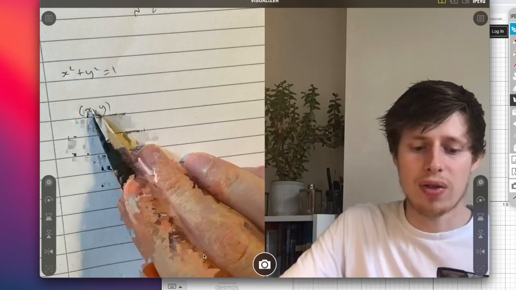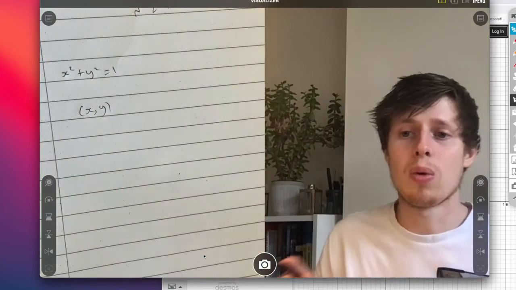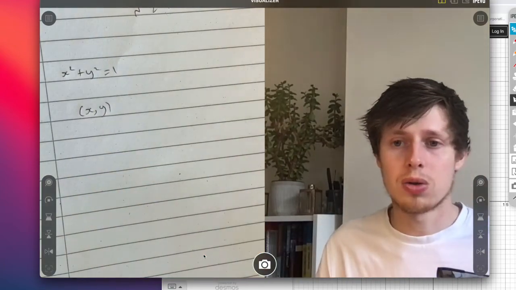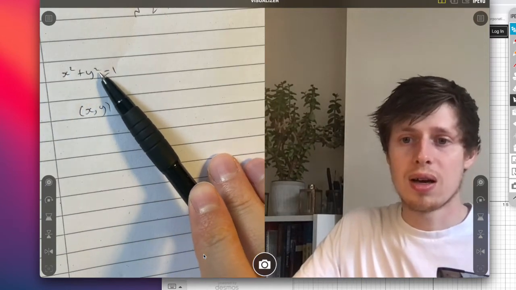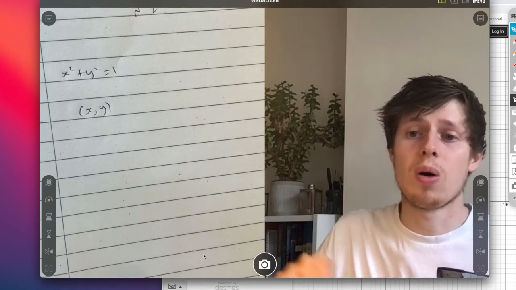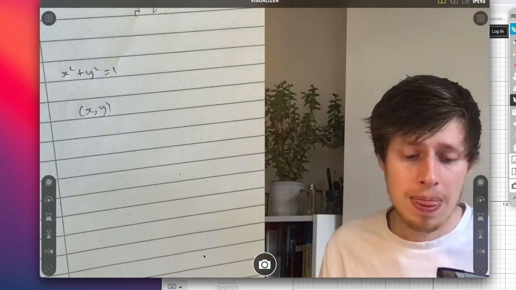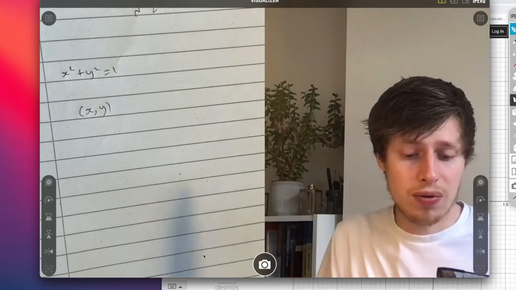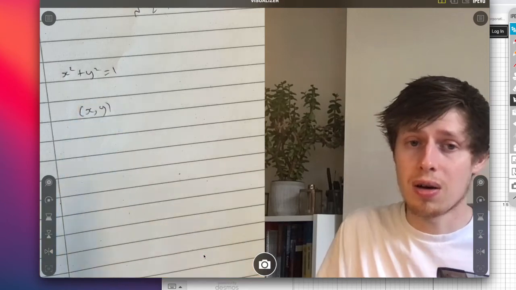Whatever the x coordinate is, that's that. Whatever the y coordinate is, that's that. And what we did is we thought, okay, do we colour this in or not? We have this rule here, this equation. We want to plot it. So I'm looking at every single point on the Cartesian plane, that flat piece of surface. There are infinitely many of those. And I'm going to see if each point actually satisfies this equation. And if it does, I'm going to plot it.